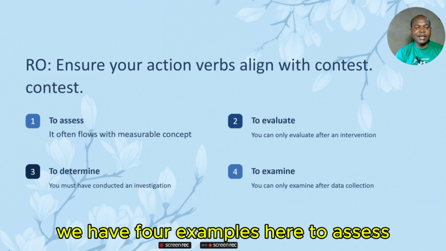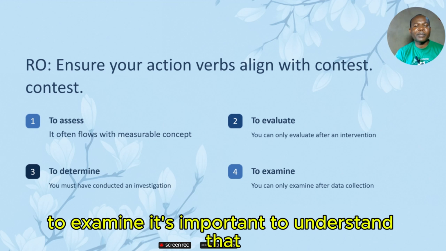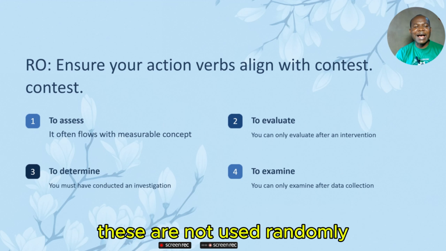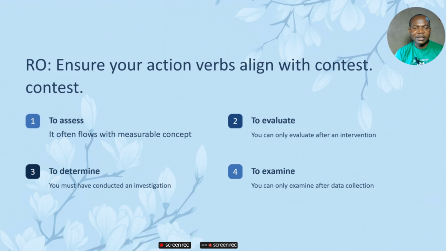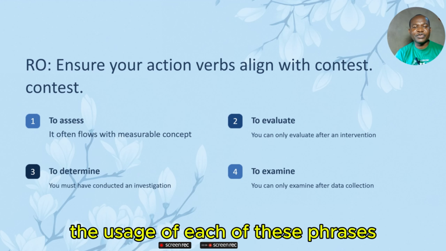We have 4 examples here: to assess, to evaluate, to determine, to examine. It's important to understand that these are not used randomly. There are certain things that usually guide the usage of each of these phrases.